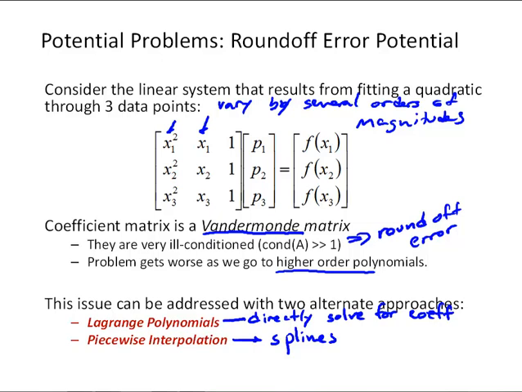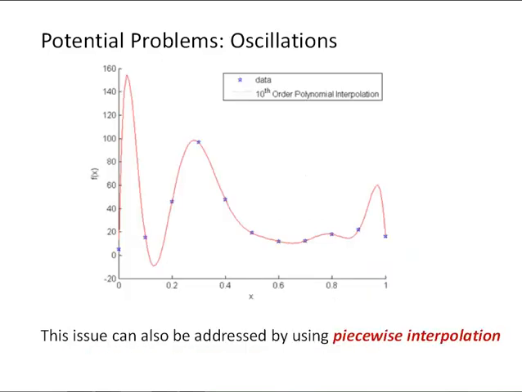Let's talk about another potential issue with oscillations. So here is a 10th order polynomial interpolation, and if we follow the data, it kind of goes like this, these data points. You can see the interpolating polynomial does pretty well, maybe from here to about here.